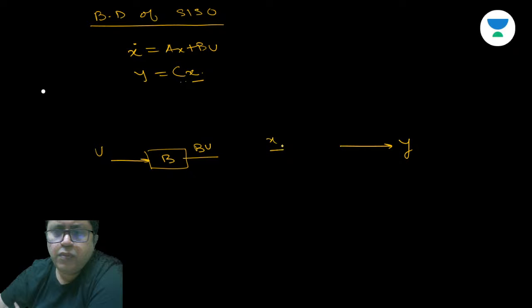Multiply c with x, I will get y. So let us suppose this is x. Multiply c with x, cx, that is equal to y, isn't it? So this is x. Multiply x with a, I will get ax. This is an integral, and this is x dot. So these two I will add, plus and plus.